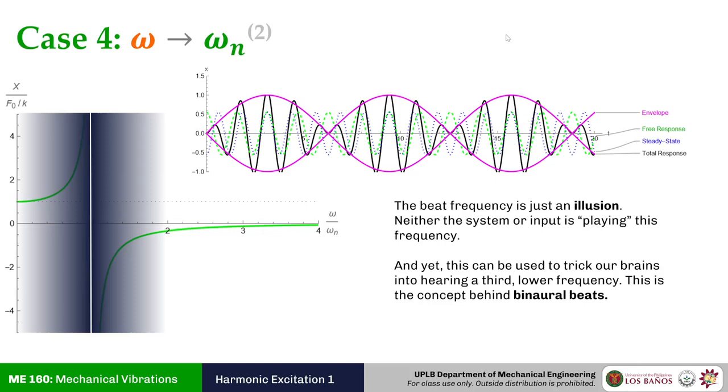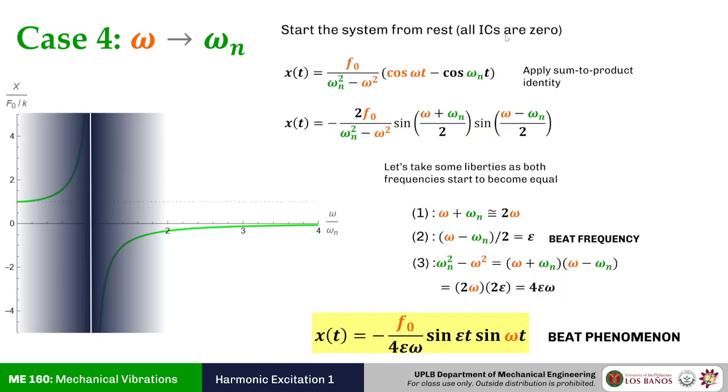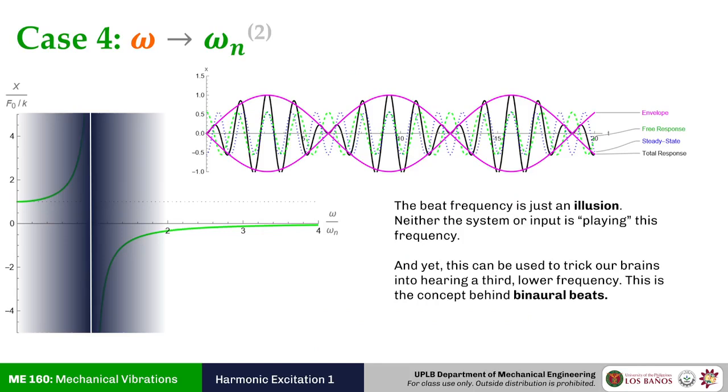Why do I call it invisible? Because if you look at your original equation, there's no part of your system that's directly producing the beat frequency, but it just appeared in the response. Essentially, if you play two frequencies about 1 hertz or more apart, your brain enters this phase where it hallucinates a frequency that isn't there.